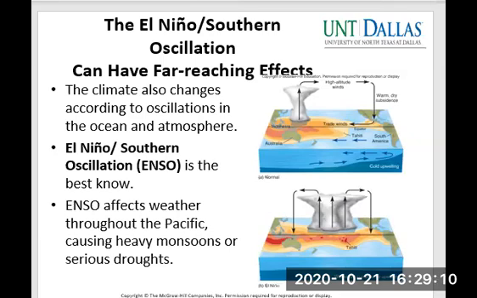From Southeast Asia to Australia, this concentration of warm equatorial water provides the latent heat, or water vapor, that drives strong upward low-pressure convection in the atmosphere, resulting in heavy rains in Indonesia, which support the tropical forests. So these El Nino Southern oscillations affect the weather throughout the Pacific, causing heavy monsoons or severe droughts.